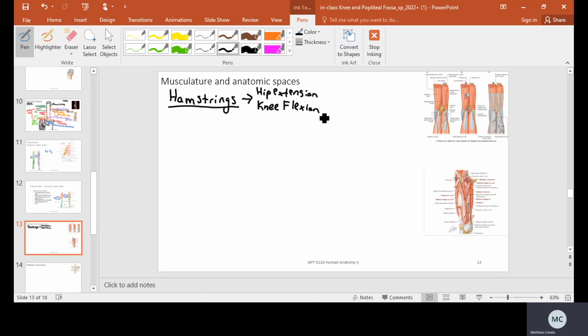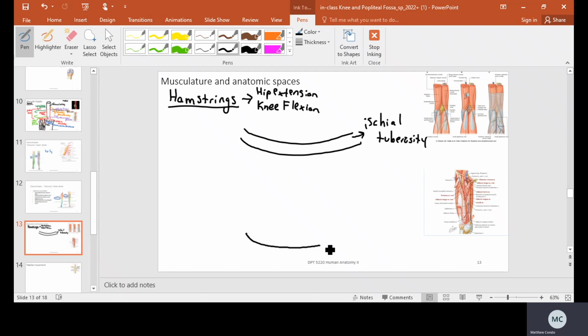All right, so my hamstrings: hip extension, knee flexion. They arise from various areas off of the ischial tuberosity. We're going to draw in this little thing here. This is my ischial tuberosity. Down here, there's my tibia, and there's my fibula.